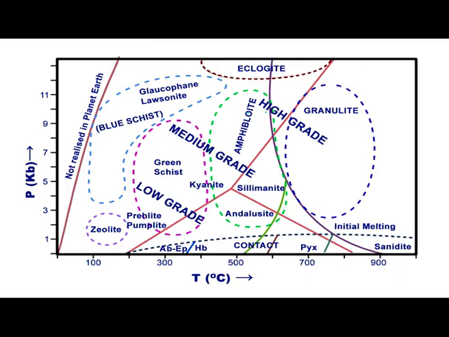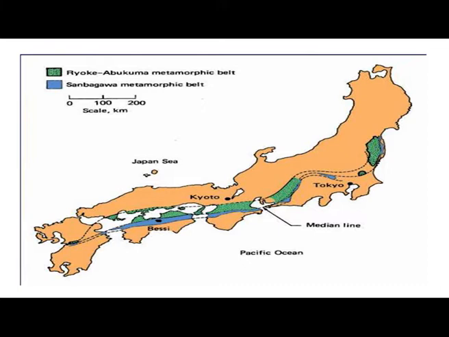For example, Sanbagawa, a high pressure temperature region in Japan, for glaucophane jadeite; Barrovian for kyanite sillimanite; and Buchan or Abukuma, a low pressure temperature region in Japan, for andalusite sillimanite type.